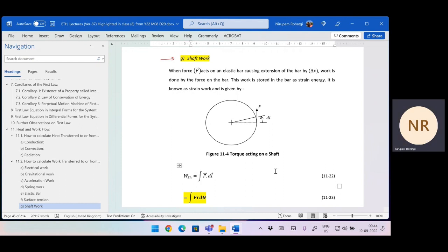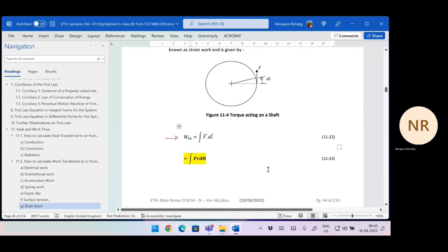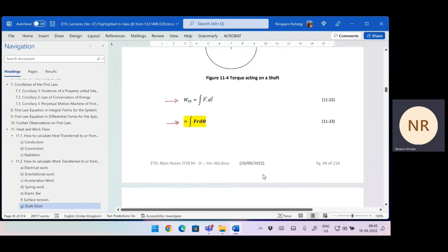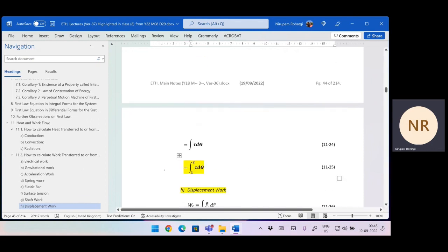And this is also the same. You will see that for all these formulas, except for electrical energy, and even for electrical energy you can say that force into displacement will be there, all other forms have force into displacement directly, and that gives you the work. Okay. And this is F R dθ, and finally it comes out to be τθ.